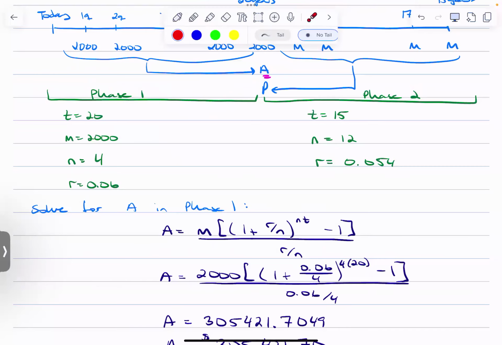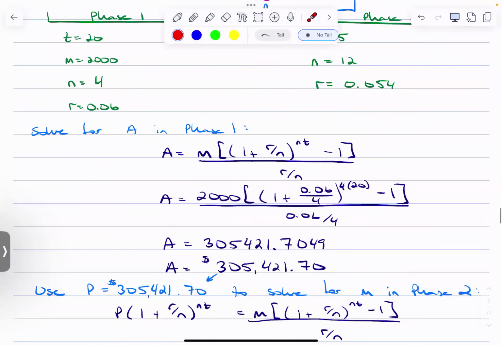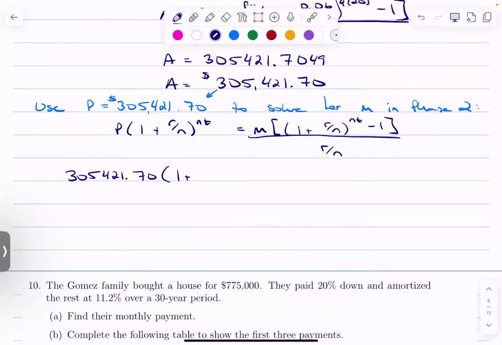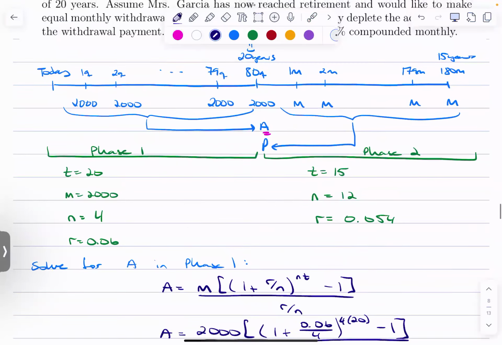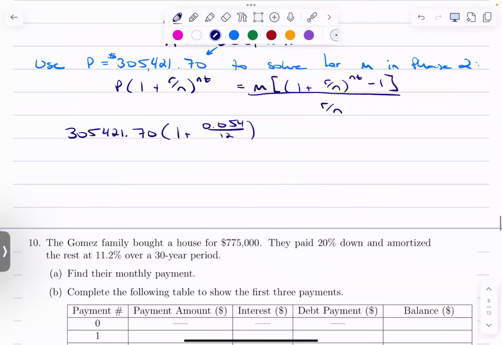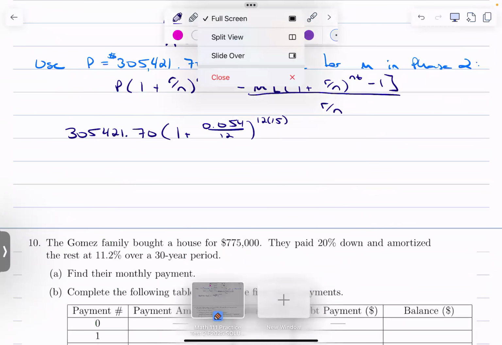And your T, of course. But I think that one's kind of obvious, but make sure you pay attention to your R and N. 0.054 divided by 12. Uh-oh, I said it was obvious, and now I have to make sure. 12 times 15. Oops.